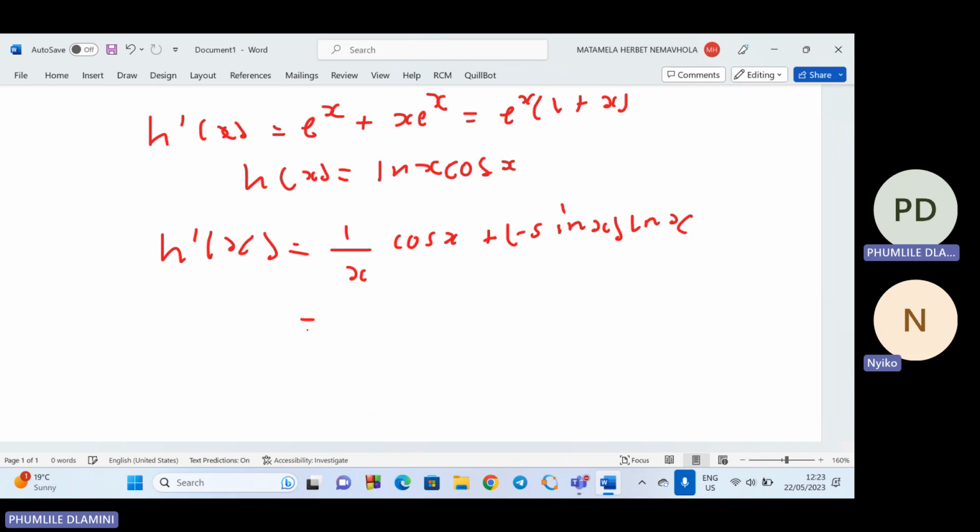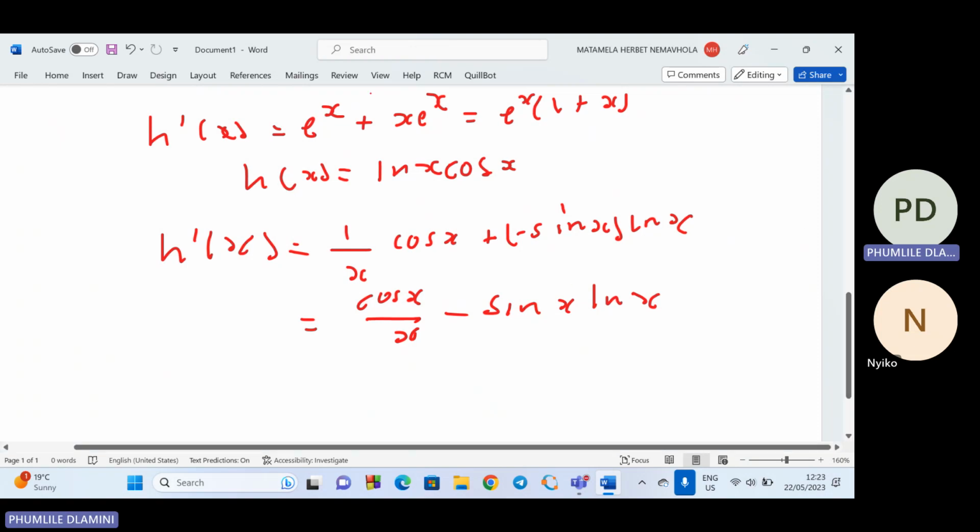If I rewrite this, it is going to be cos x over x minus sine x ln x. So I just differentiate that.